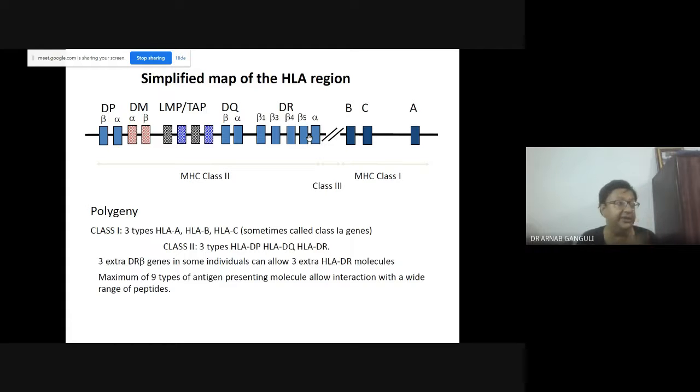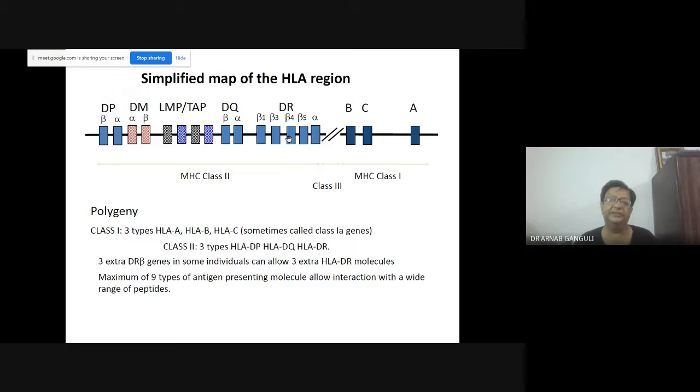Next যেটা করাতে হবে, generation of antibody diversity, that is more important. Generation of antibody diversity, B cell responses. Maximum of 9 types of antigen presenting molecule allow interaction with a wide range of peptides. এই যে 3, এইটাতে 3.